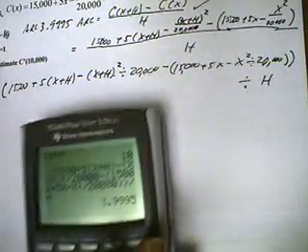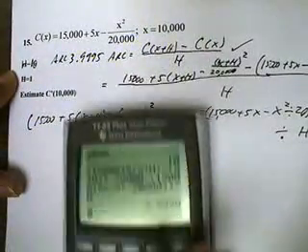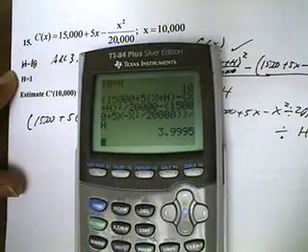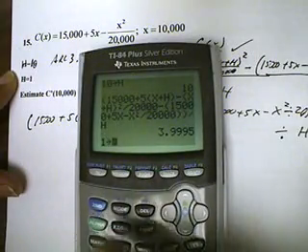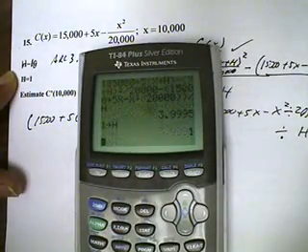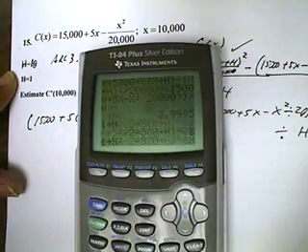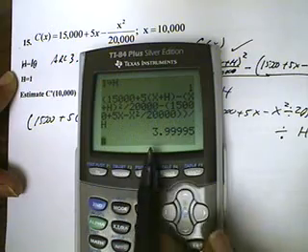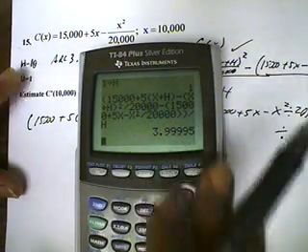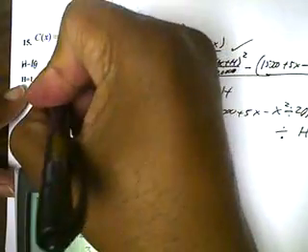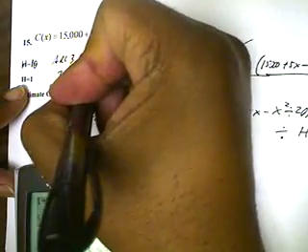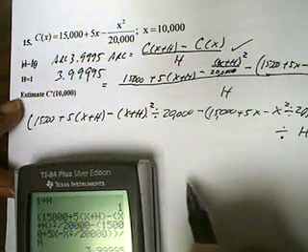3.9995. Now we're going to change h into a 1. So 1 store alpha h. And now we're going to bring our function back. Second function enter, second function enter, and now we get 3.99995.